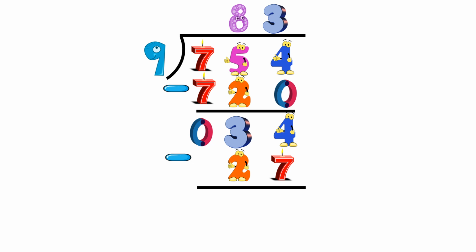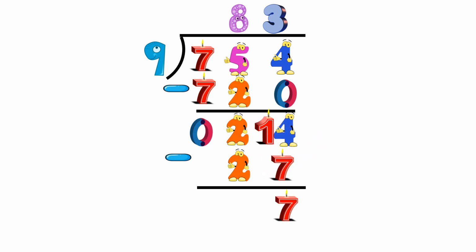The 4 ones become 14, and the 3 tens lose 1 to become 2. So we have 14. In this case, we can take 7 from 14, and 14 minus 7 is equal to 7 in the ones place.